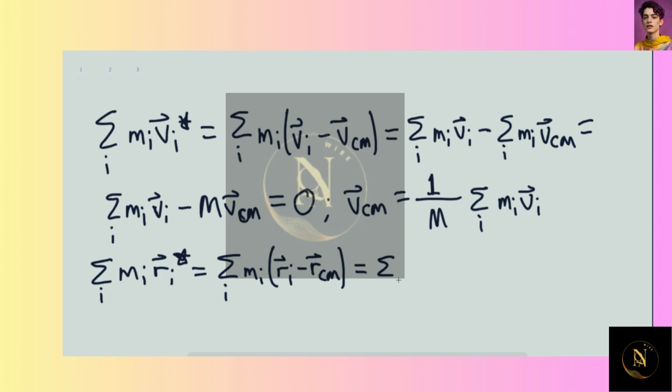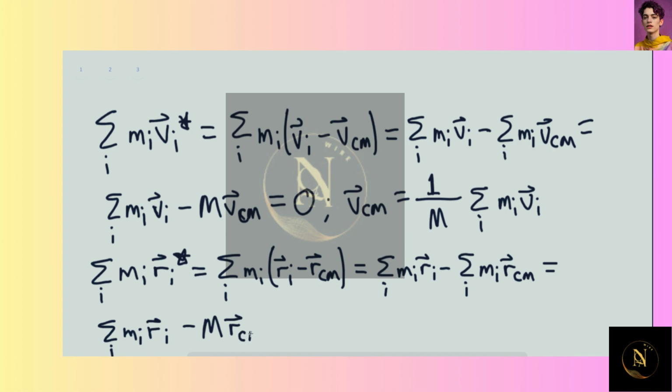This equals the sum of m sub I times the position r sub I minus the sum of m sub I times the position of the center of mass, which equals the sum sub I of m sub I r sub I minus the total mass times the position of the center of mass.